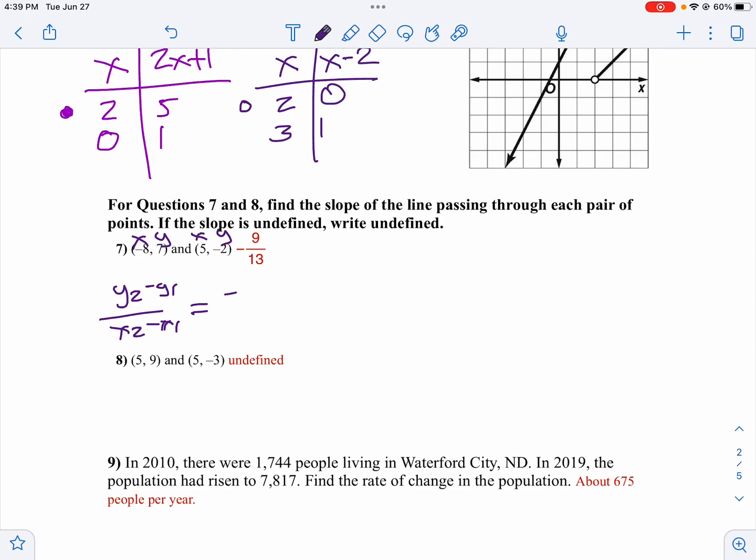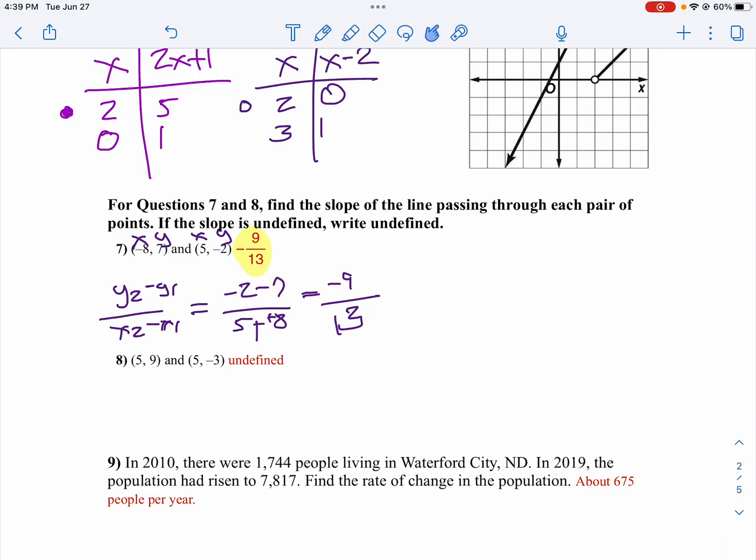So we're going to get negative 2 minus 7 all over 5 minus a negative 8. Negative 2 minus 7 is negative 9. 5, when you subtract a negative, we get a positive. So 5 plus 8 is 13. And there's our solution, negative 9 over 13.